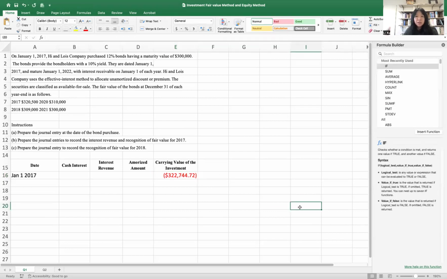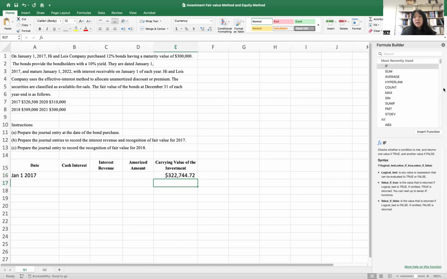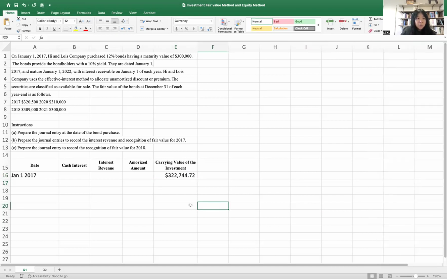It's just because Excel assumes whatever you're going to receive in the future is positive, therefore whatever you have paid out is negative. But for amortization purposes, we do want to see this number as a positive number, so I just put a negative sign before this formula. All right, so that's how we get the present value for this bond investment.